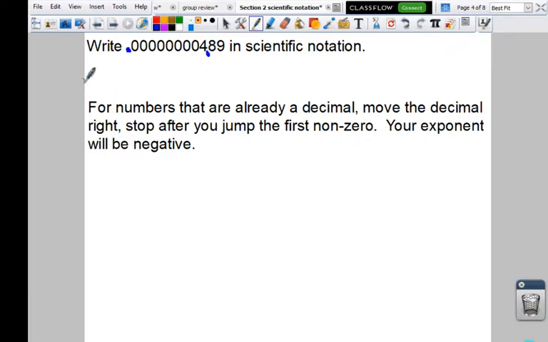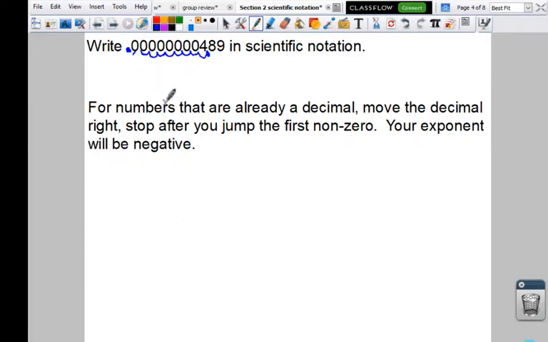Last time, I brought it almost to the very beginning. This time, I just want to skip all these zeros in front, and I want to put it right after the first non-zero. So 4. Okay? Just like last time, I need to count how many times I'm going to move it over. So 1, 2, 3, 4, 5, 6, 7, 8, man, it just happens to be 9 again.